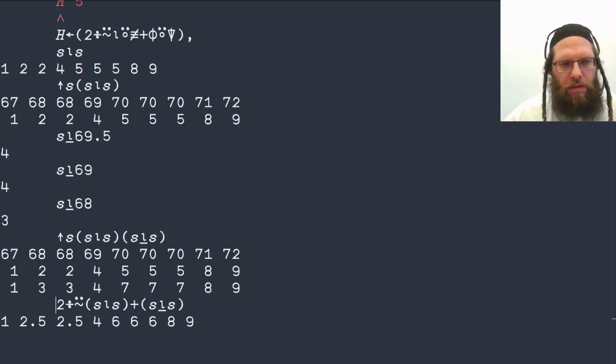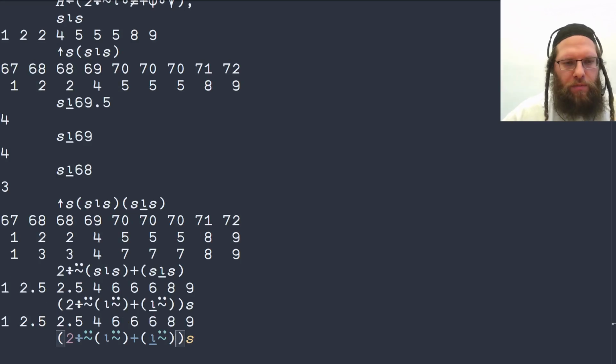This is pretty neat. How can we make this into a proper standalone function? We could replace all the S's with omegas and wrap it in braces, but there's a neater way. We can make it all tacit by saying that this is a self-application of the index of, and this is a self-application of the interval index, which means we can then apply this.